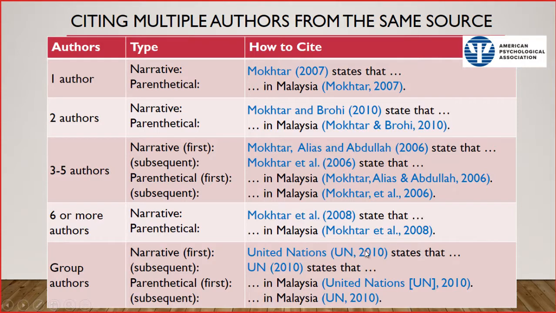So this is the first occurrence. And if, let's say, the second occurrence and beyond, if you use the same article in the same document, you do not have to type in United Nations, just UN 2010. So this is second, third, fourth, and so on. The first time, United Nations, with UN in the bracket. Okay, if you use parenthetical, this is how you do it. This is the format, and so on.